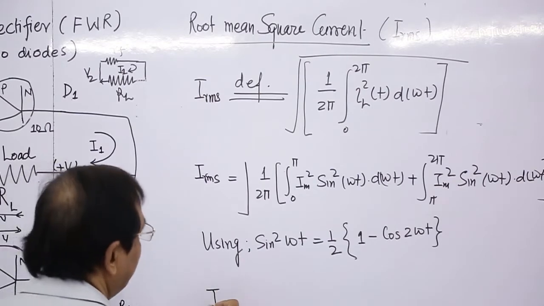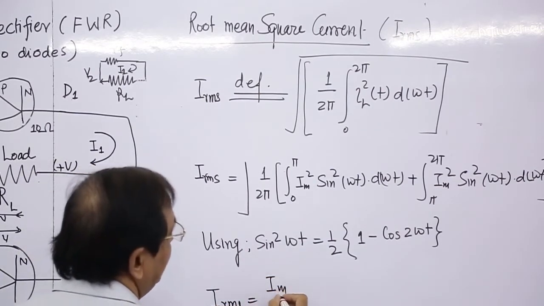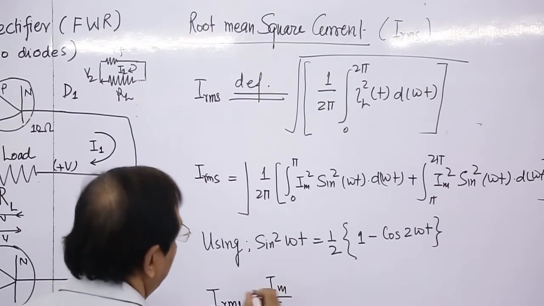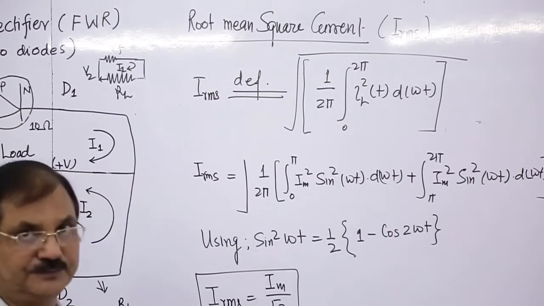So, we get IRMS is Im upon under root 2. This is the root mean square value.